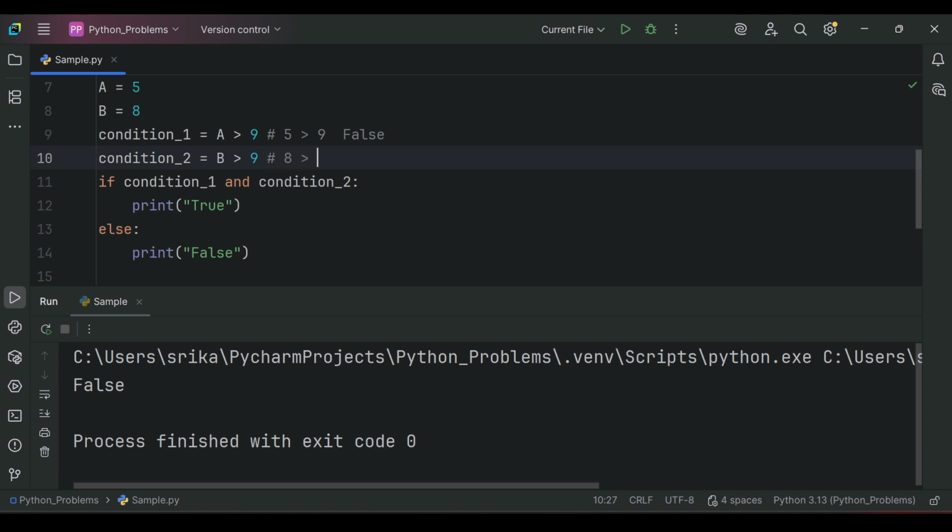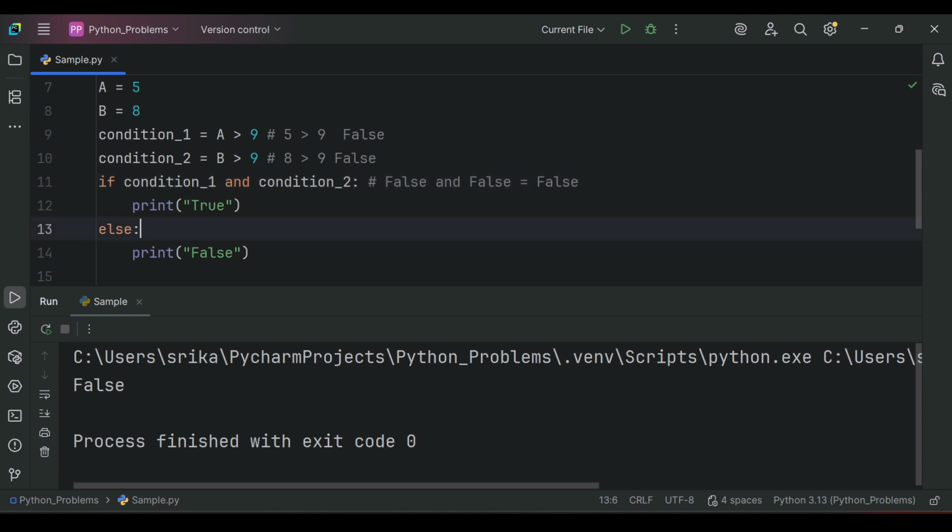Is 8 greater than 9? Here also the same: 8 is a small number compared to 9, so it is also false. That means both conditions are false. False and false gives false. This is the and operator.